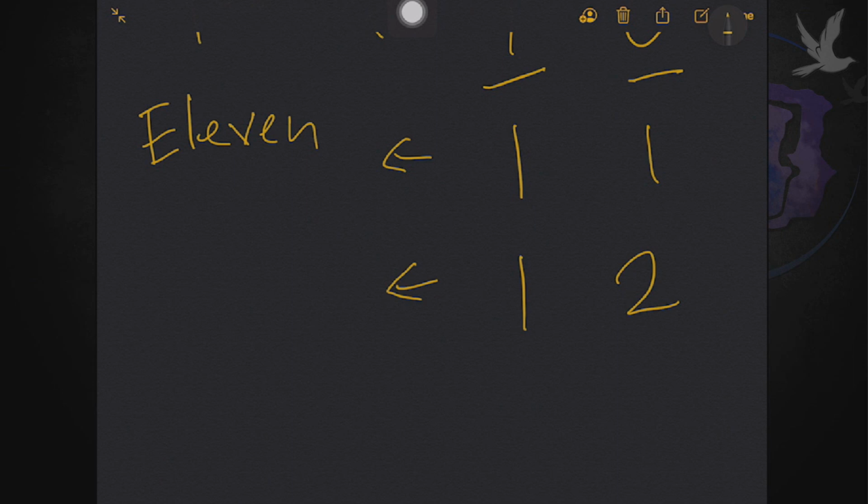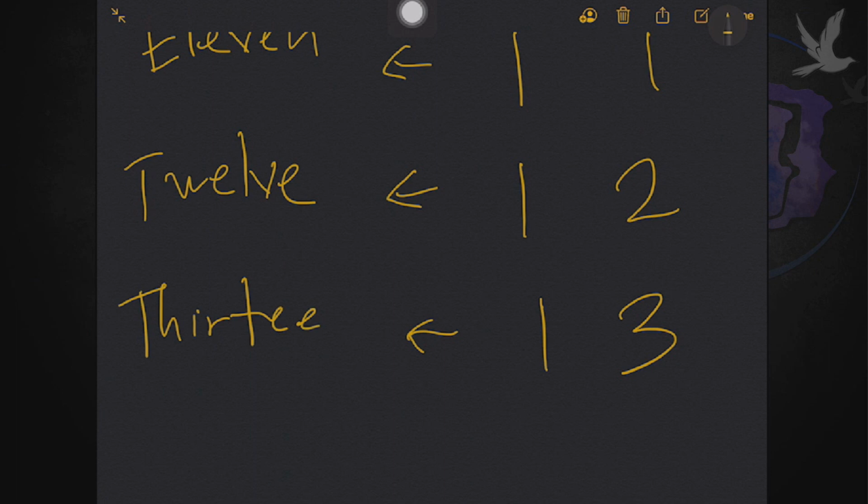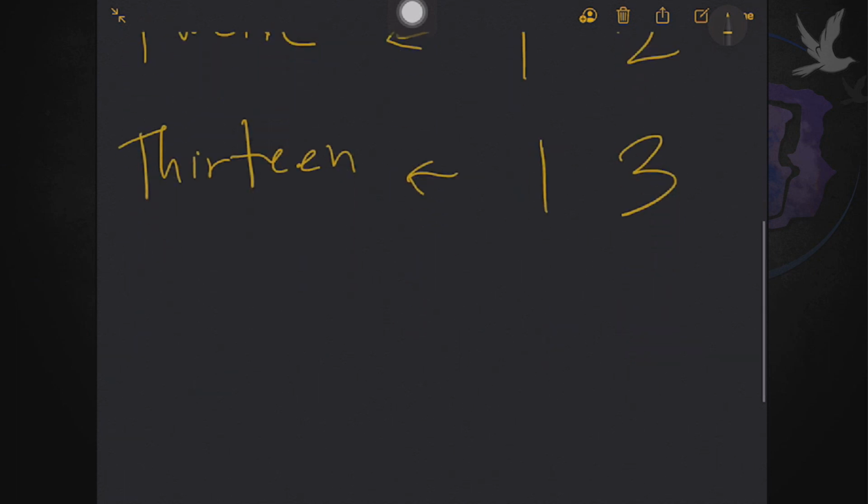And this is spelled as 12. Next number, 13. Make sure to follow the place value. And this is spelled as 13.